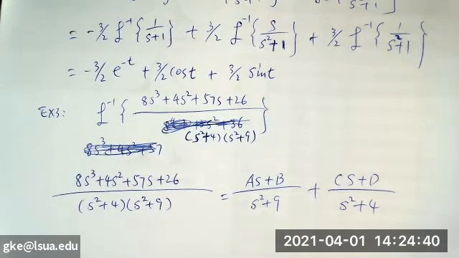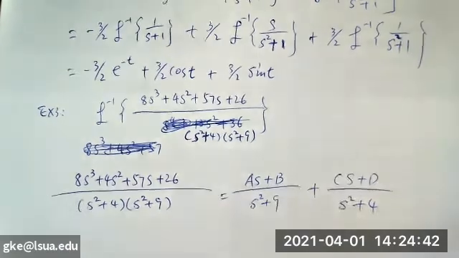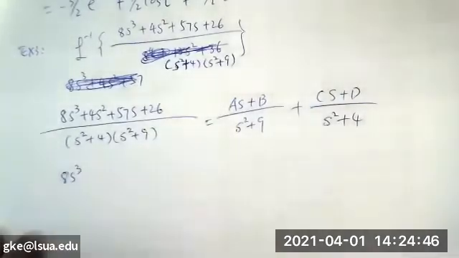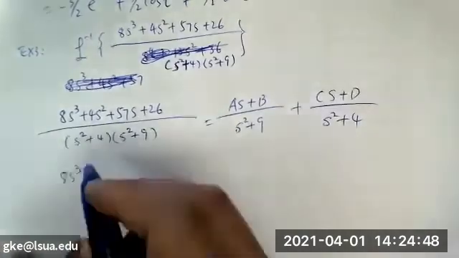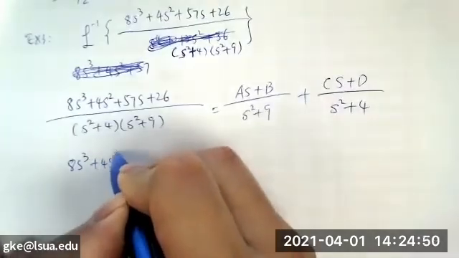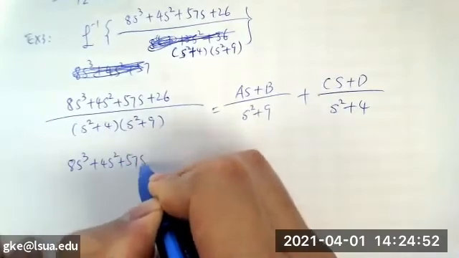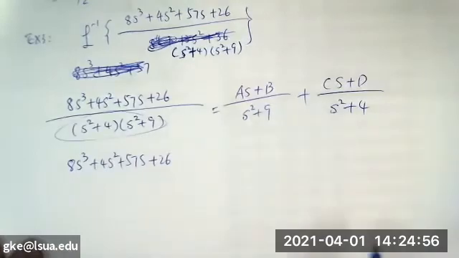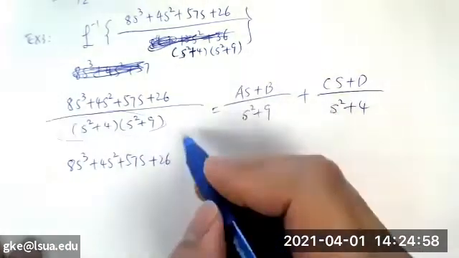Okay, now let me write down the answer on the board. So 8s^3 + 4s^2 + 57s + 26. We multiply this denominator on both sides, right?